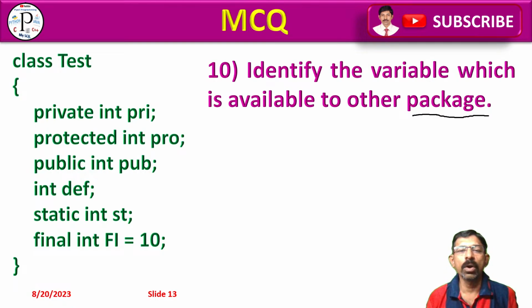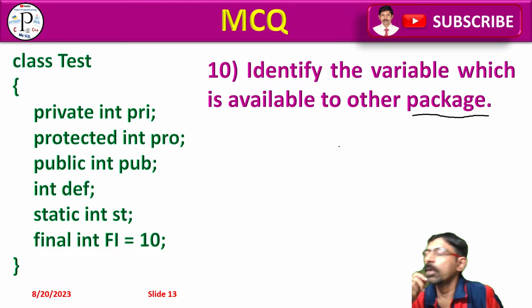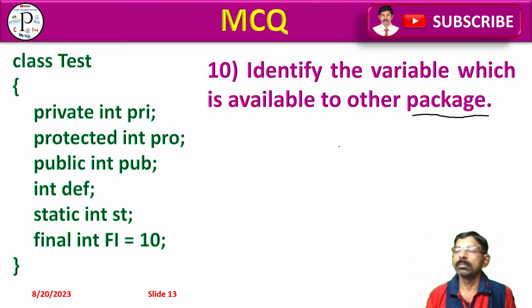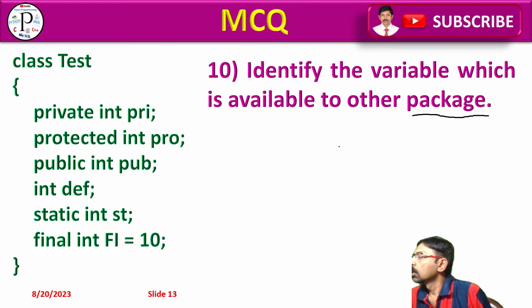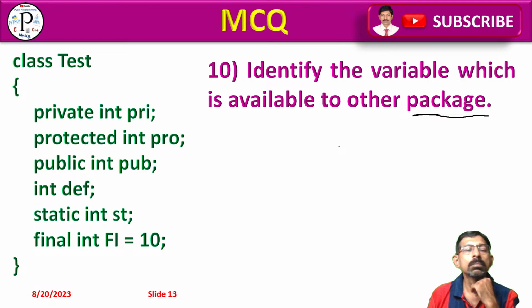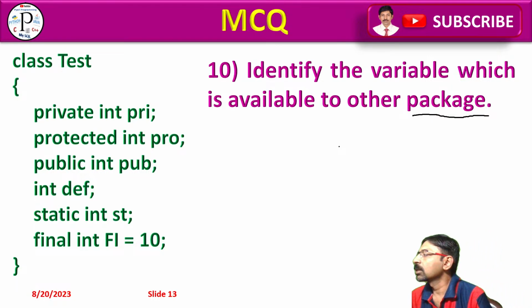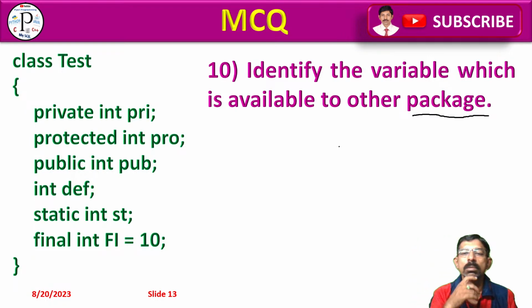Quickly, I think this one is the last one. All except private. All except class and private variable. Identify the variable which is available to other packages. All except private. I think this time you are doing wrong.